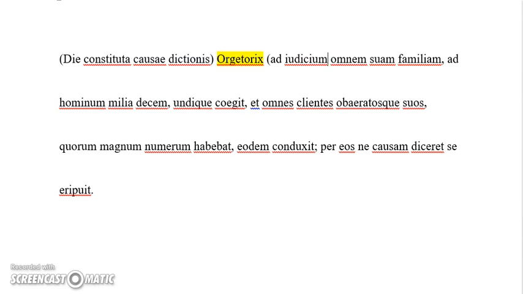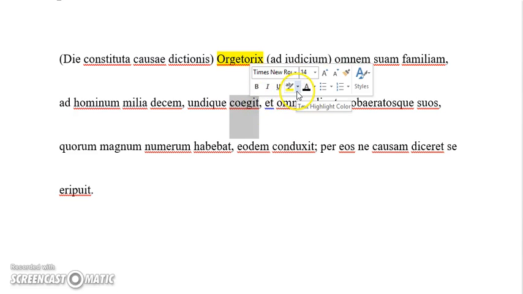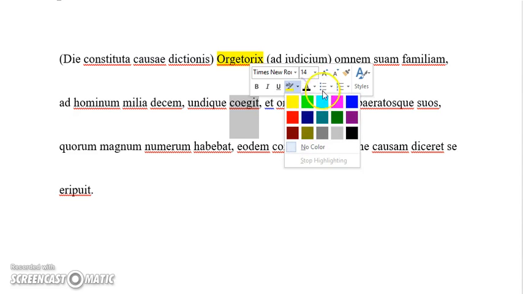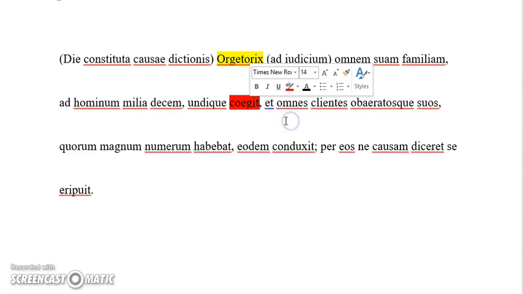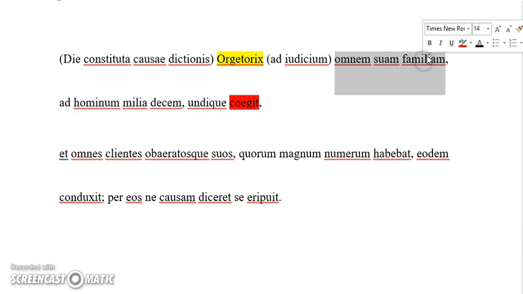Now we run into a bunch of direct objects, so we have to go grab our verb, coegit. Undique omnem suam familiam.